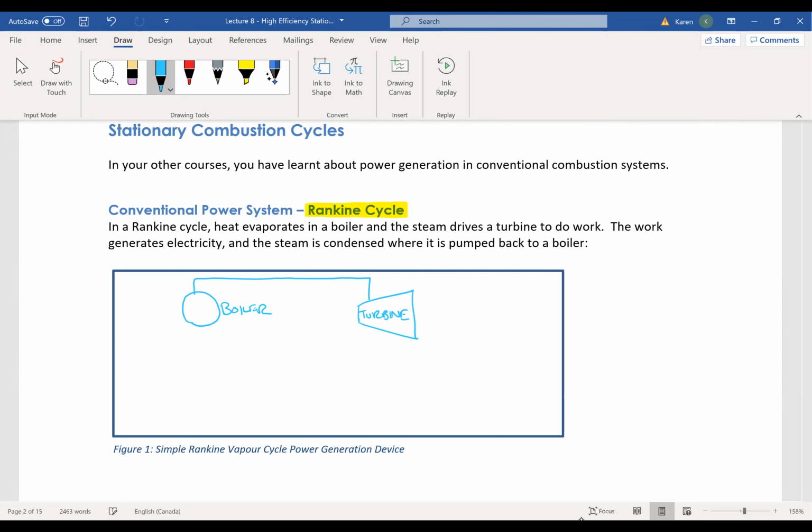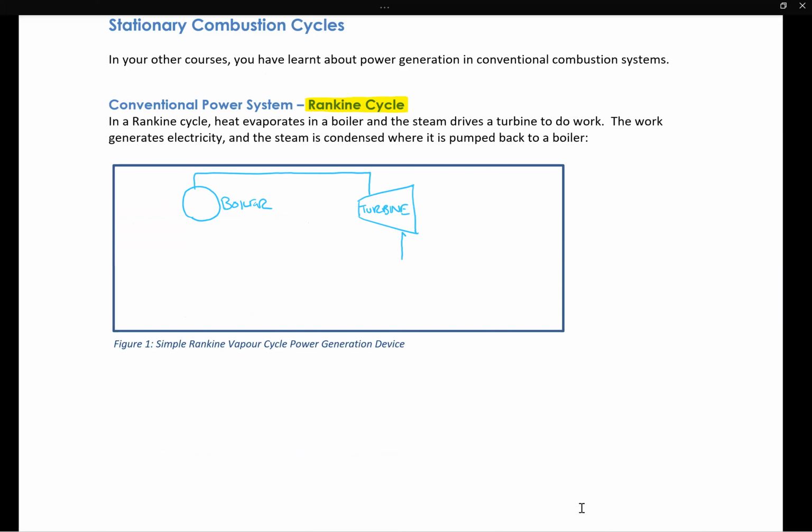So let's draw the components first. And then out of the turbine, we're going to condense, because the steam that comes out of the turbine will be warm, not as hot as when it went in, but it will be warm. So then it goes through a condenser.